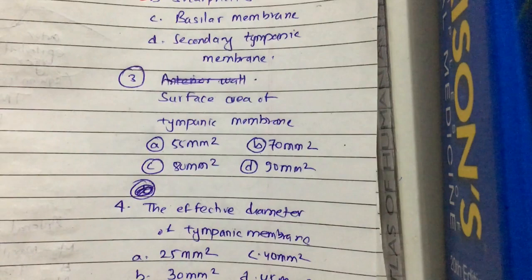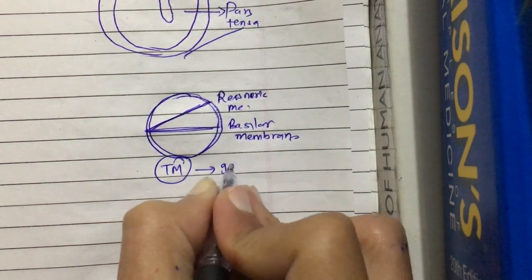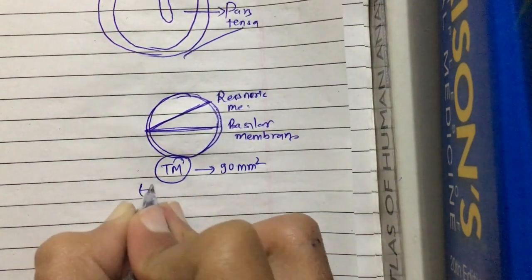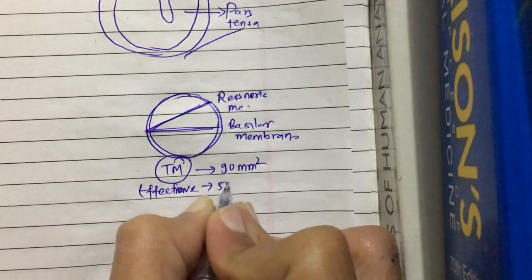Surface area of the tympanic membrane: we have discussed that the total surface area is 90 mm square, and the effective surface area is 55 mm square.